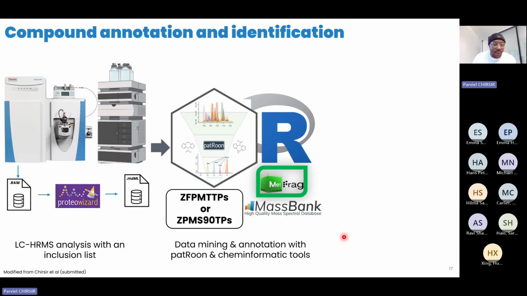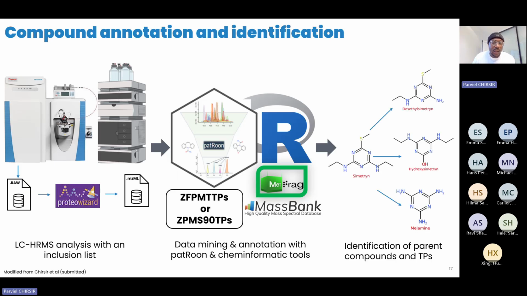For this data mining, I used Patroon, which is an R-based open source software that integrates other cheminformatic tools such as MetFrag for in silico fragmentation and MassBank for spectral annotation. With these, I could perform the suspect screening using the two separate suspect lists for the different parts of the experiments. And then I could identify the parent compounds and the transformation products in the samples.